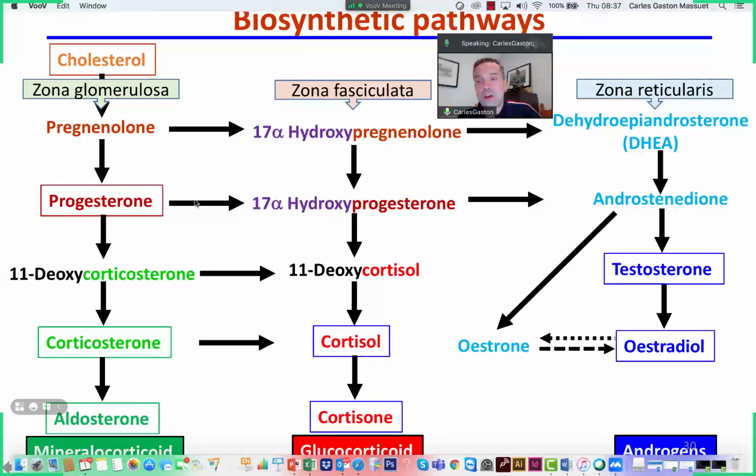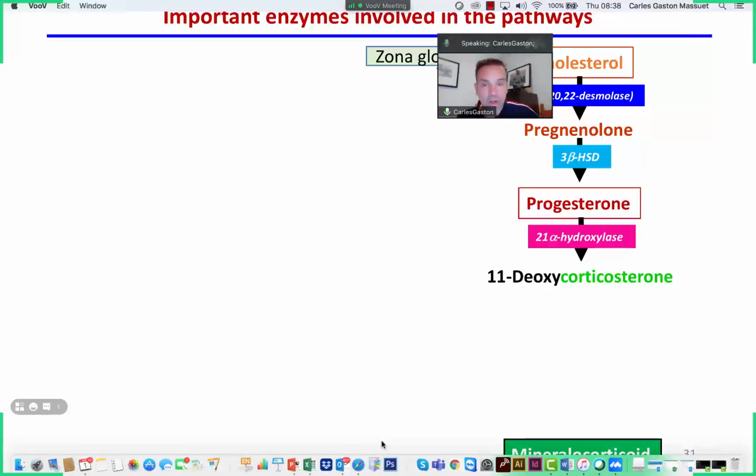The progesterone also will be modified, and so far this will also be modified in the zona fasciculata to 11-deoxycortisol, cortisol, and cortisone, which are the glucocorticoids.